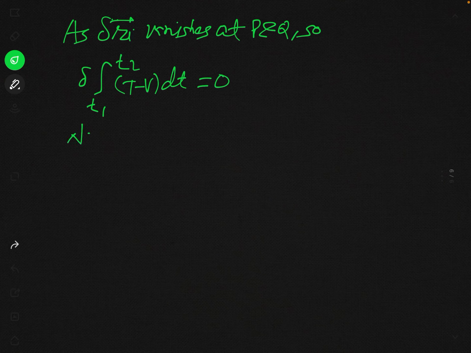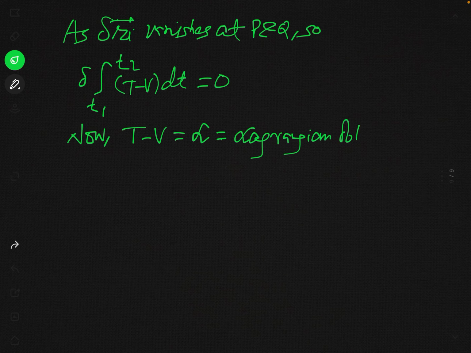Now you know this t minus v is what? You have already studied in Lagrangian formulation that this is the Lagrangian of our system. This is denoted by L. This is just the basic definition of Lagrangian, that it is kinetic energy minus potential energy of the system.